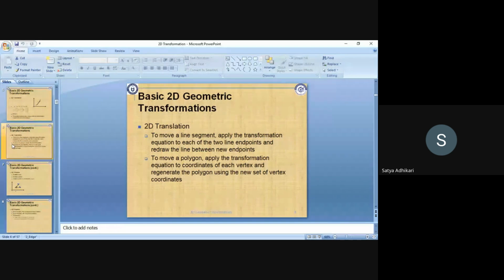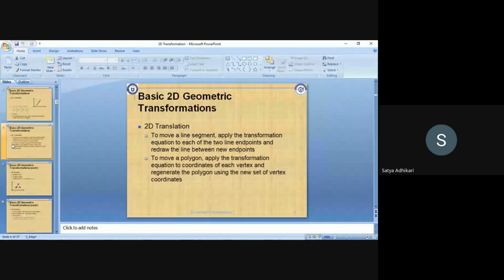Similarly, to move a polygon, suppose a triangle has 3 vertices, apply the translation to these 3 vertices. Suppose you have a rectangle, 4 vertices, apply the translation to the 4 vertices. A pentagon has 5 vertices, a hexagon 6 vertices, like that.